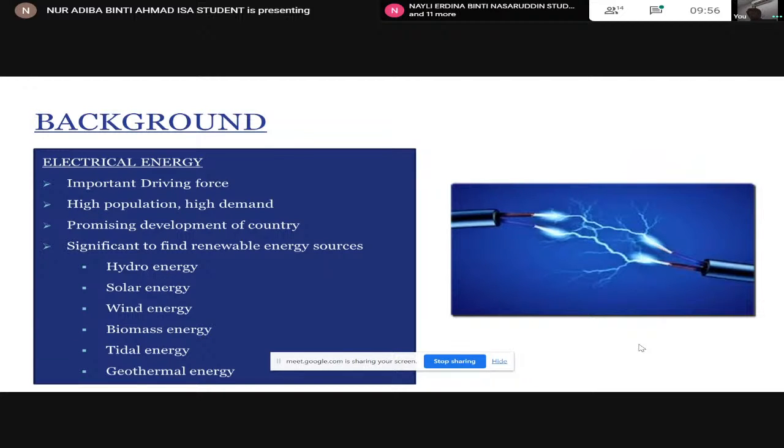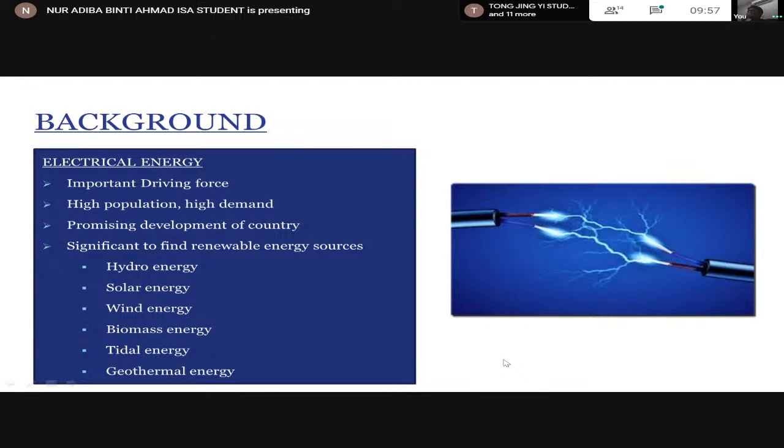I would like to start with the background on electrical energy. Electrical energy is the fundamental driving force for a country's development. A country's demand for electrical energy depends on its population. If the population is high, the demand for electric energy will also be high. Due to the development of this 21st century, everything is correlated with electrical energy.